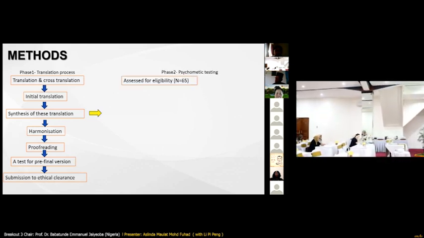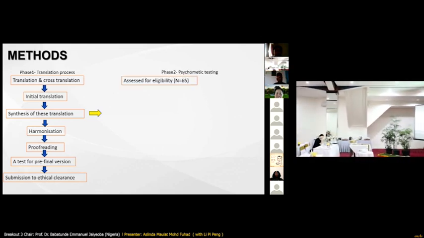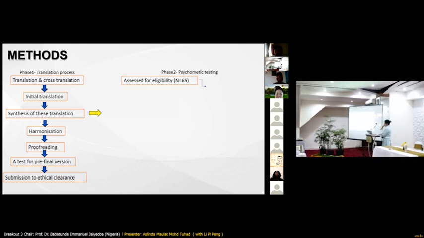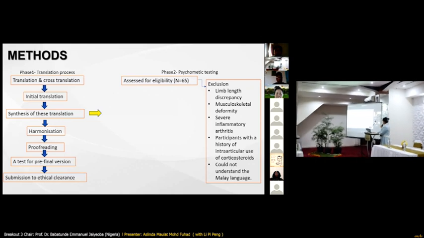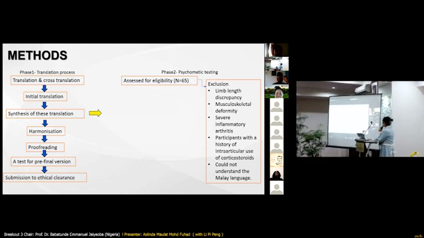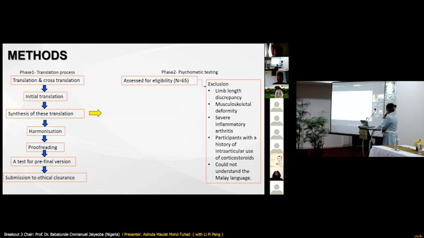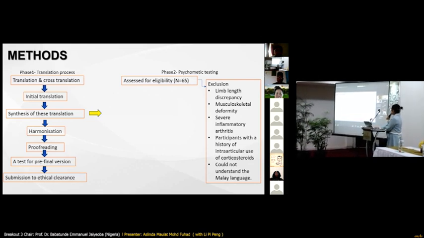For phase 2, I did psychometric testing. We assessed eligibility for 65 people. I excluded people who have limb length discrepancy, musculoskeletal deformity, severe inflammatory arthritis, a history of intra-articular corticosteroid use, and participants who cannot understand the Malay language.